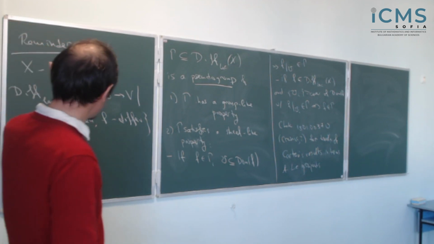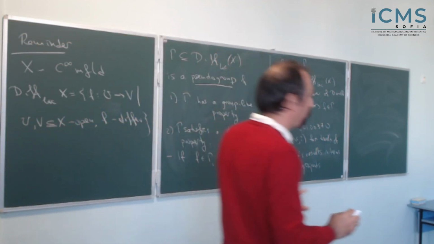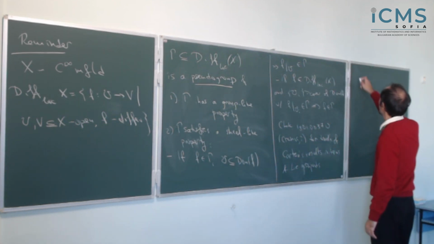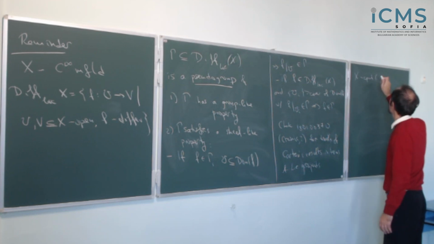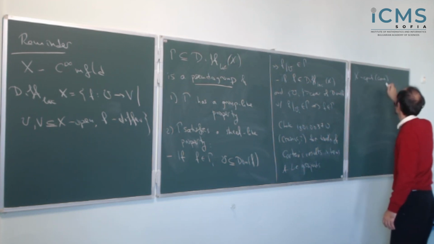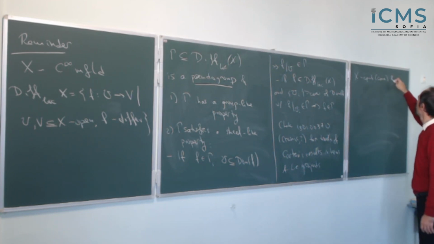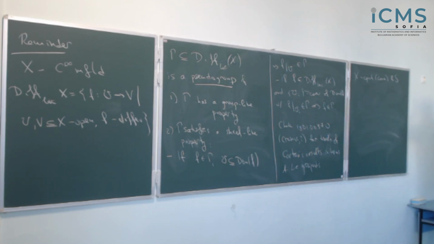So we fix now X to be our compact connected Riemann surface, just for fitting everything in the context, right?